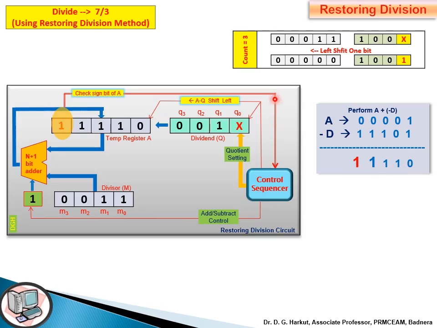Again, control sequence generator checks the bit value for sign. Sign bit being 1, it indicates the temporary value is negative. Hence, we need to set Q0 bit to 0 and restore back the content of temporary register.